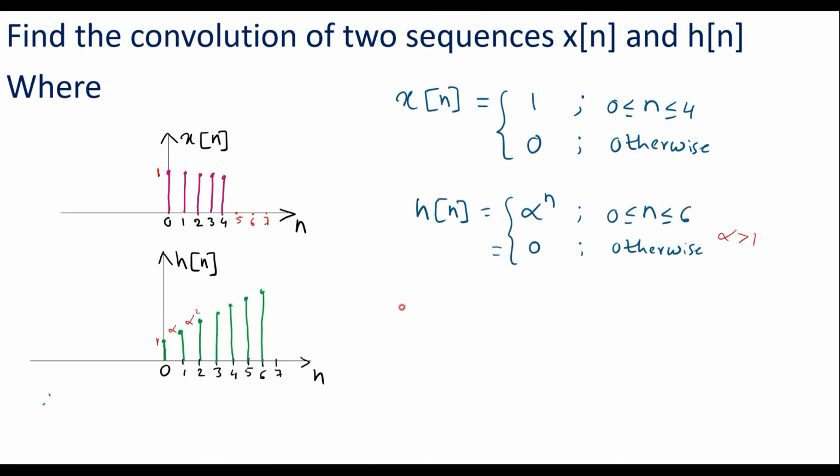We know that the convolution between two signals is calculated using the formula y of n is equal to summation k varies from minus infinity to infinity x of k dot h of n minus k. So now we'll try to plot x of k and h of n minus k signal.